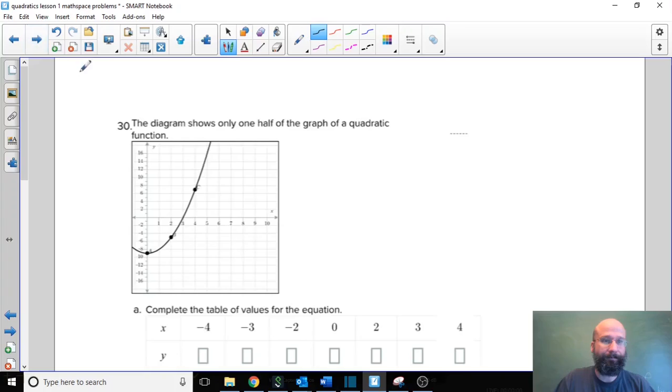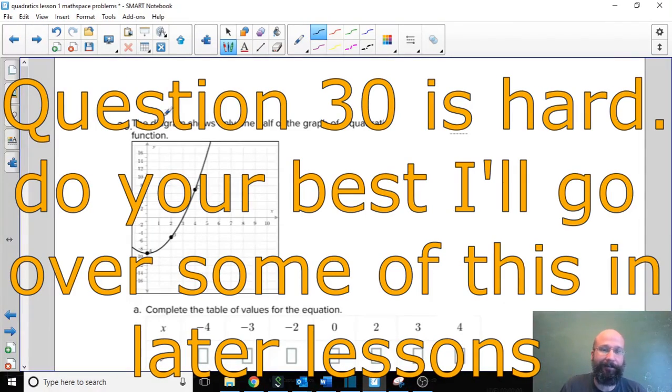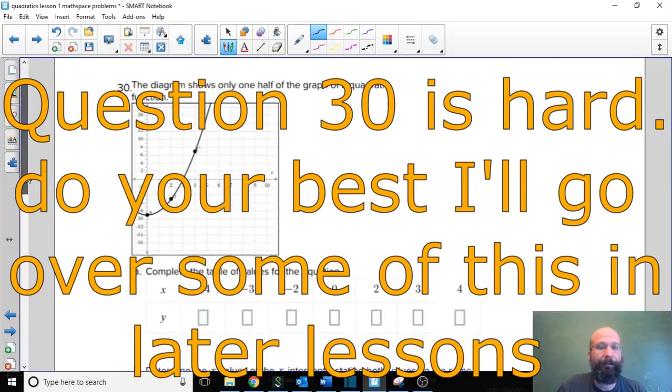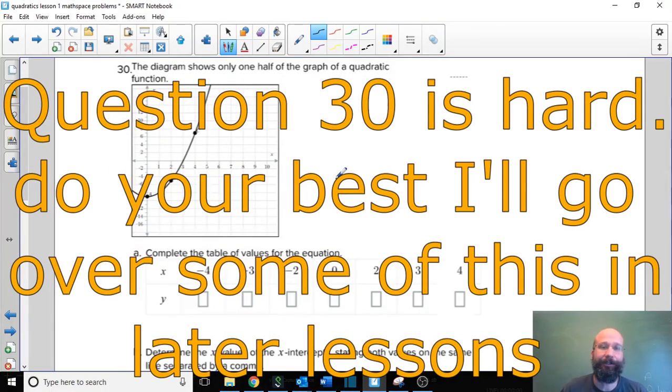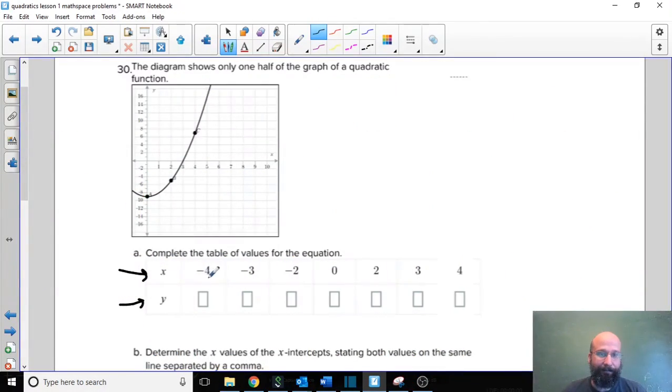Number 30. So this diagram shows only half of the graph of a quadratic function. Complete the table of values for the equation. These are your x values. These are your y values. So we're going to find -4 on the x. We can't. -4 is not here. -3 is not here. -2 is not here. 0 is here. So we're going to go down and see where this line crosses 0 on the x.